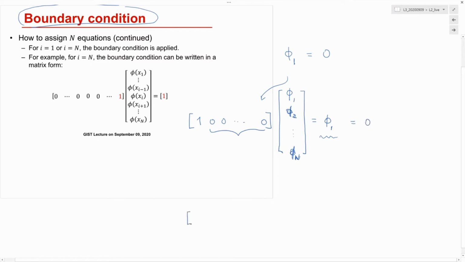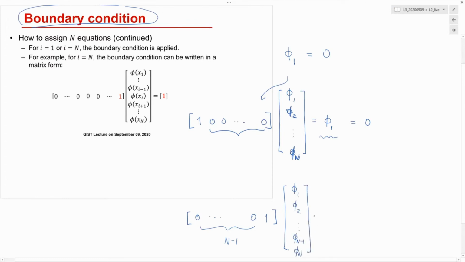We can repeat it once again for xn. It gives you 0 and 0 up to the n minus 1th entry, and the final one is 1, multiplied by phi 1, phi 2, up to phi n minus 1 and phi n.